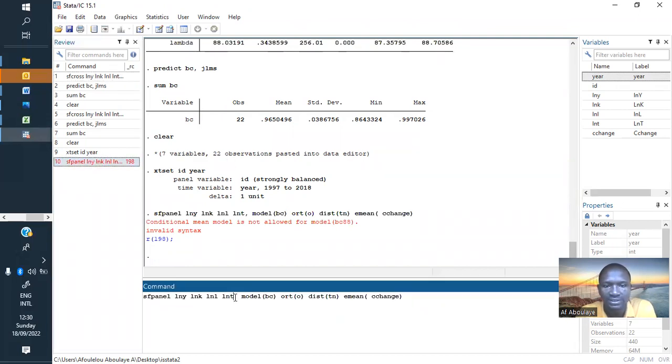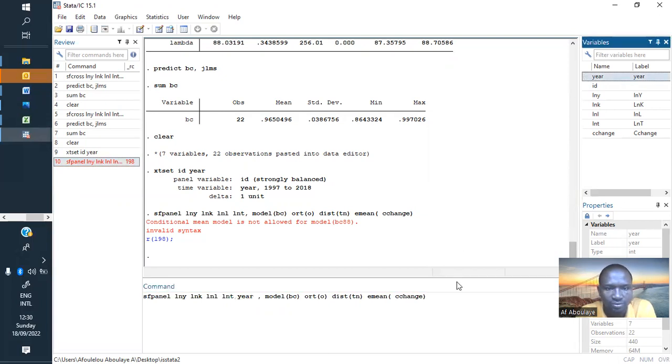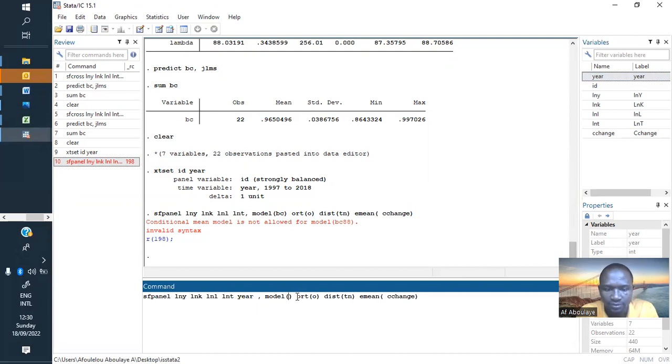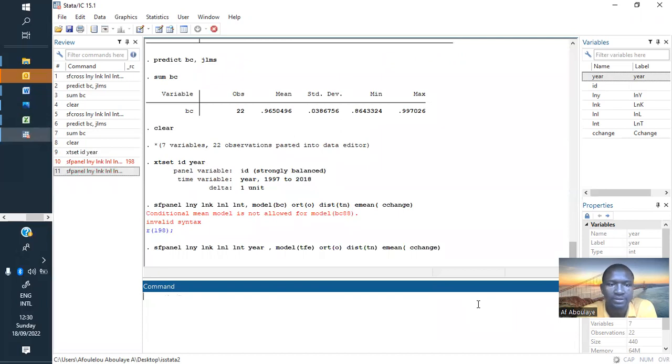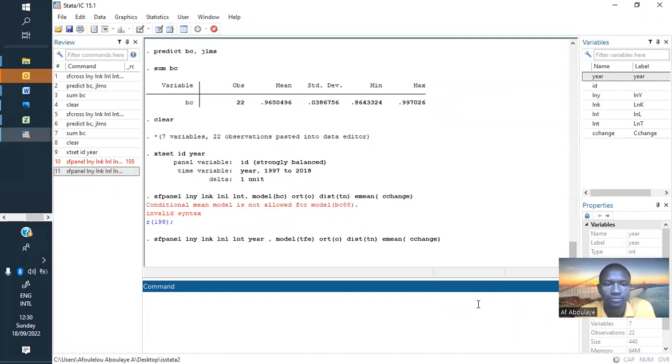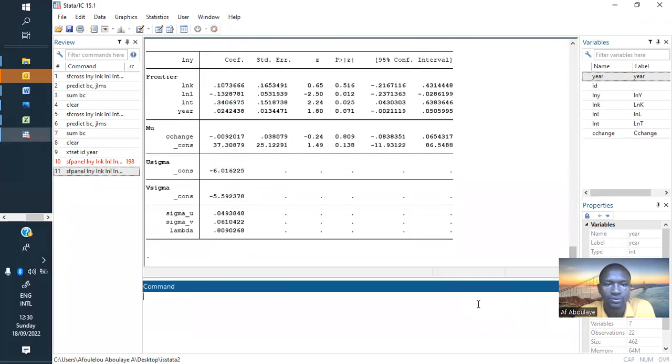We do not add the condition, the model is not allowed. Okay, TFE, fixed effect. And here also that. Okay, we have it. Even if it has not generated those errors, it's okay.